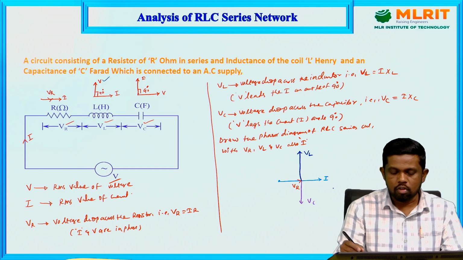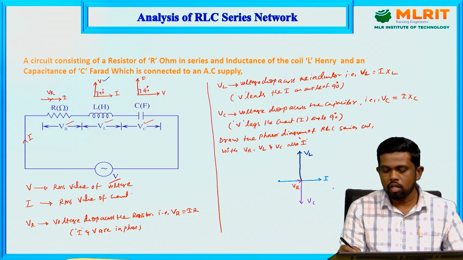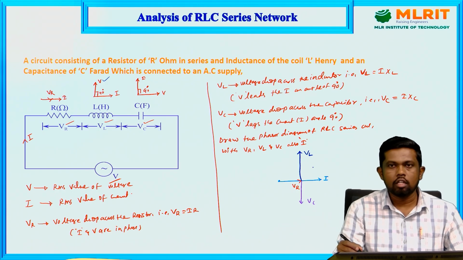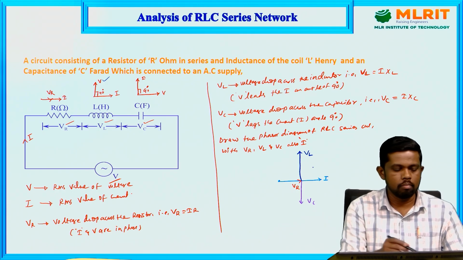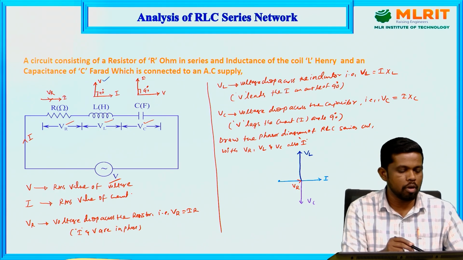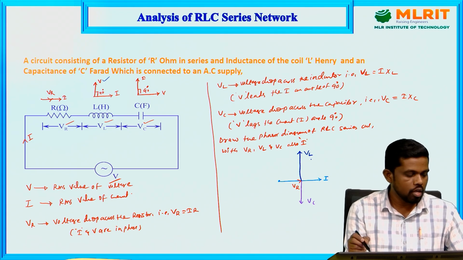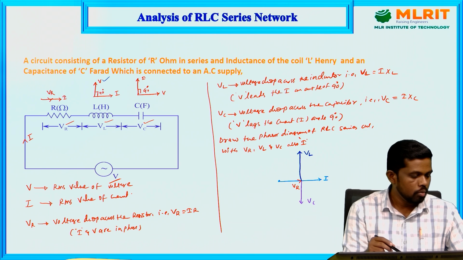Based on that, we need to plot the resultant vector. Based on the type of network, if it is an inductive dominant network, the dominant vector will be the inductor voltage. The network is effectively inductive or capacitive depending upon the voltage drop across the element.